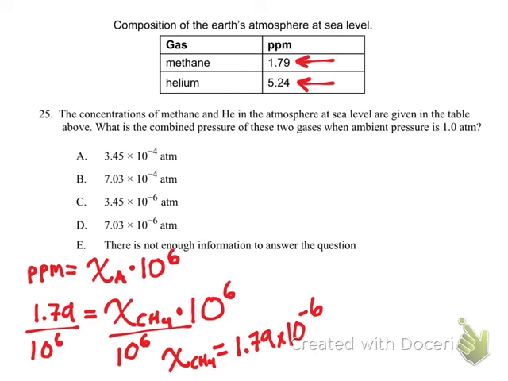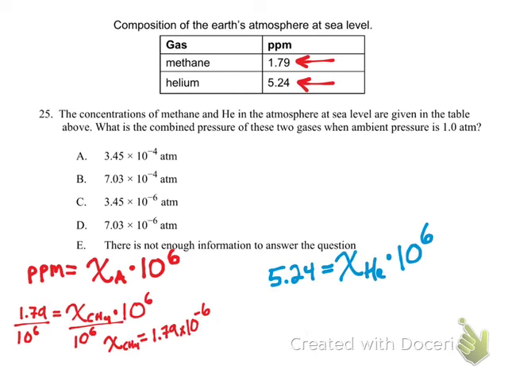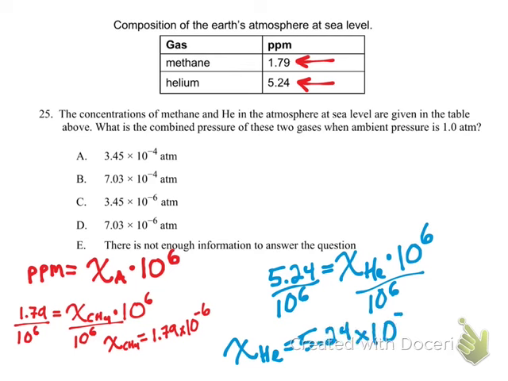Okay, so we'll do basically the same thing for the gas helium, and we'll get 5.24 parts per million is equal to the mole fraction of helium times 1 million. So we'll divide again both sides by a million, and we'll end up getting that the mole fraction of helium is equal to 5.24 times 10 to the negative 6th.